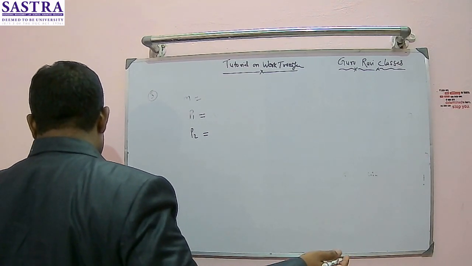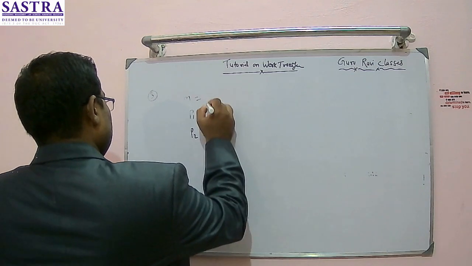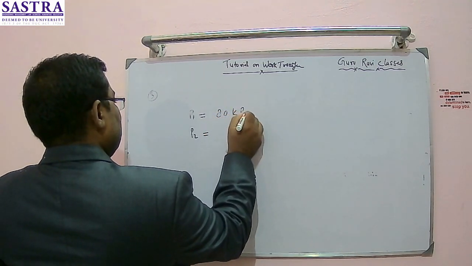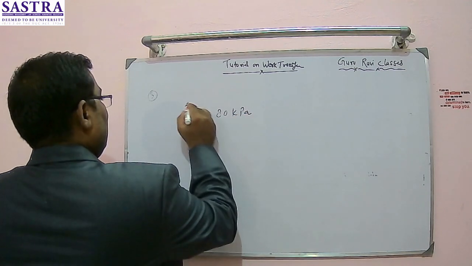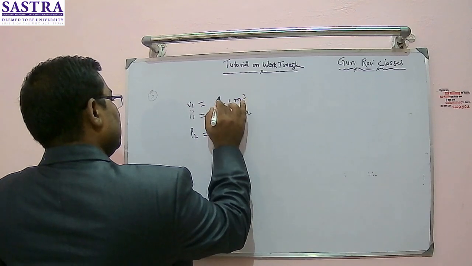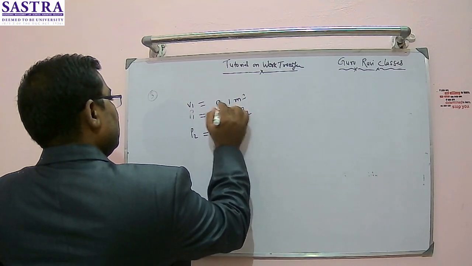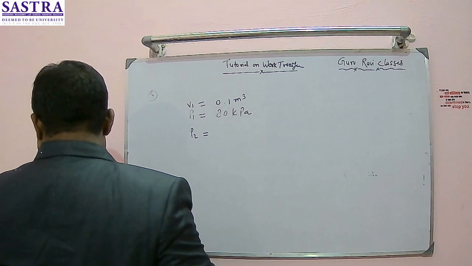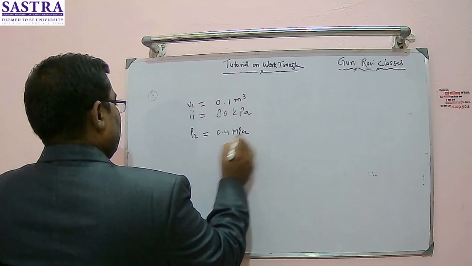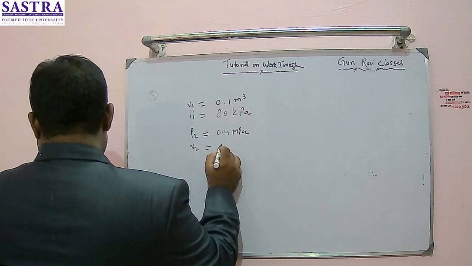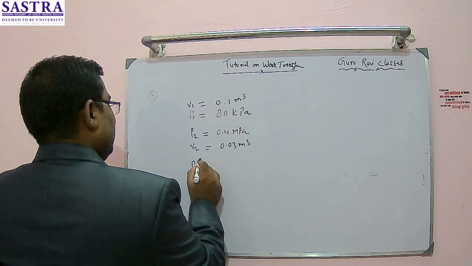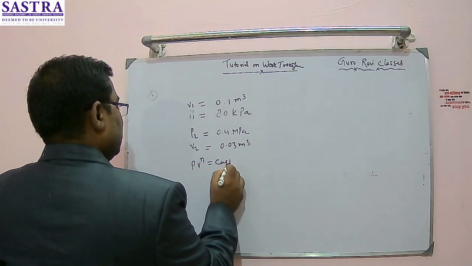A quasi-static process, mass is not given, initial pressure is given 80 kilopascal, and the initial volume is also given, 0.1 meter cube, to final pressure of 0.4 megapascal and final volume of 0.03 meter cube, and it is happening as per P V to the power n is equal to constant.